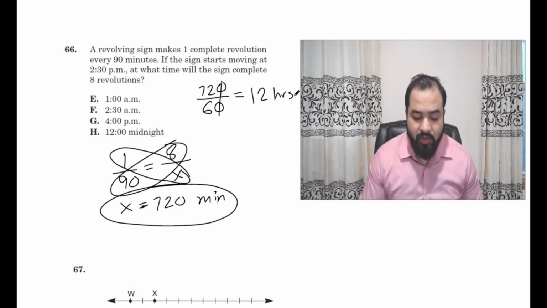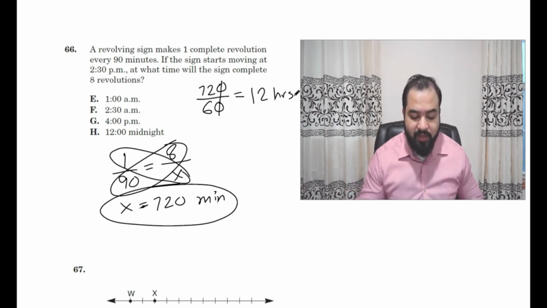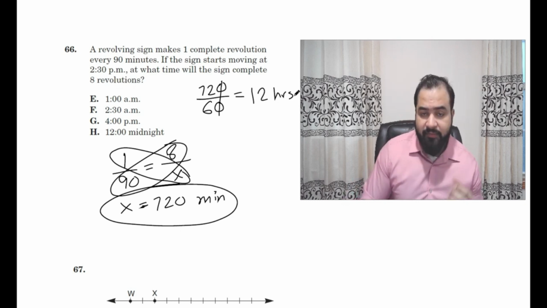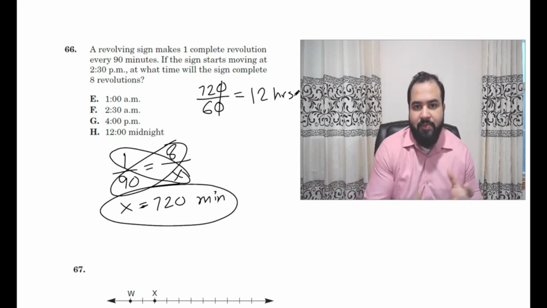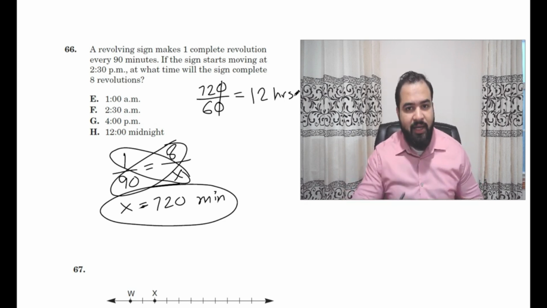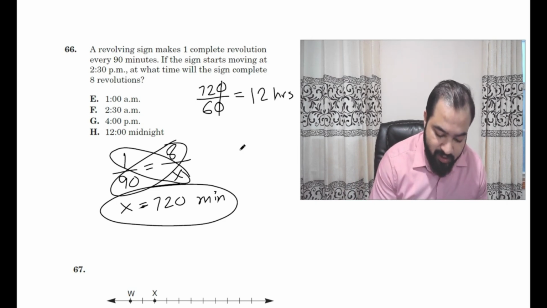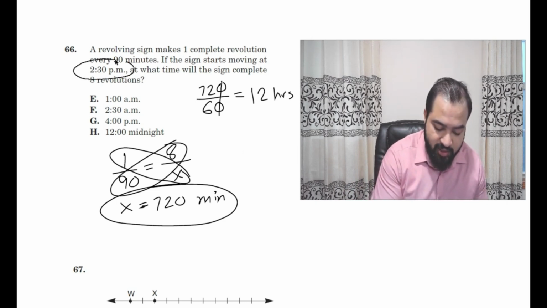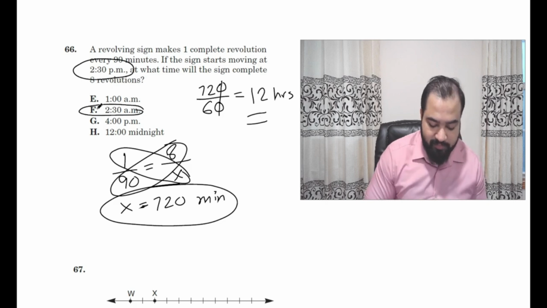Now we know that every 24 hours later the time comes back to the same place. For example, if it is 2:30 p.m. now, 24 hours later it will be 2:30 p.m. again. But if it is 2:30 p.m. now, 12 hours later it will be 2:30 a.m. Remember that, guys. So they started at 2:30 p.m., and 12 hours later it will be 2:30 a.m.